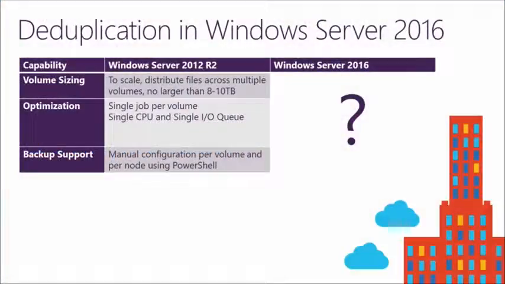Cool. So that's about replicating storage. How do we start to reduce our storage consumption? One of the ways that we do that is through deduplication. Dedupe was actually introduced in previous versions of Windows Server, 2012, enhanced in 2012 R2. If you're not familiar, deduplication matches blocks of data on the system, and rather than keep lots of copies of the same blocks of data, we deduplicate them and reclaim that space, and we can use it for other things.